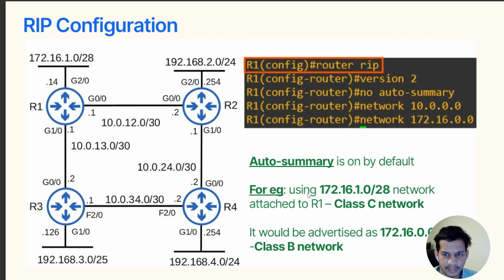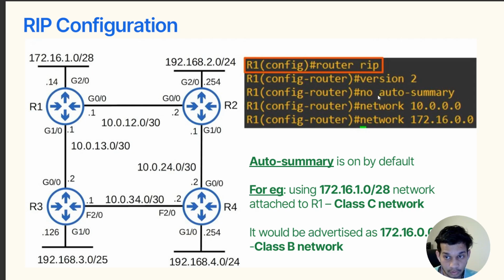For example, take the 172.16.1.0/28 network attached to router 1. This is a class C network, but it would be advertised as 172.16.0.0/16, which is class B, which is the property of version 1.